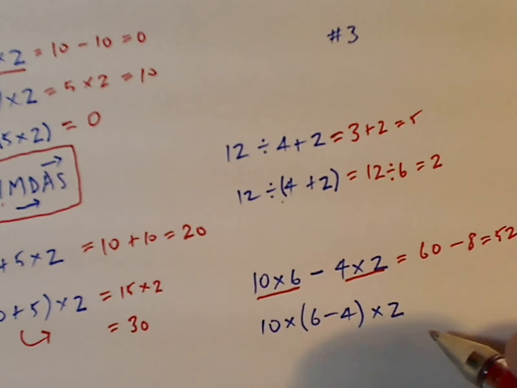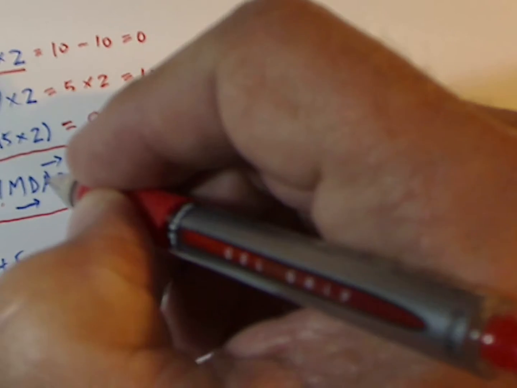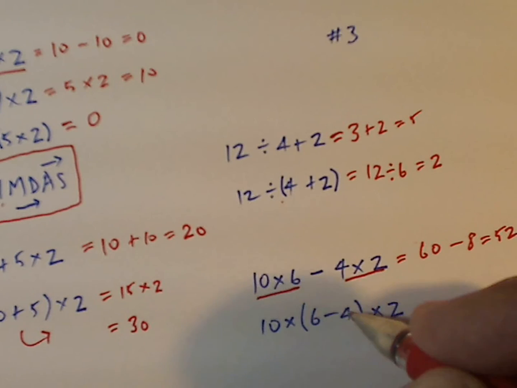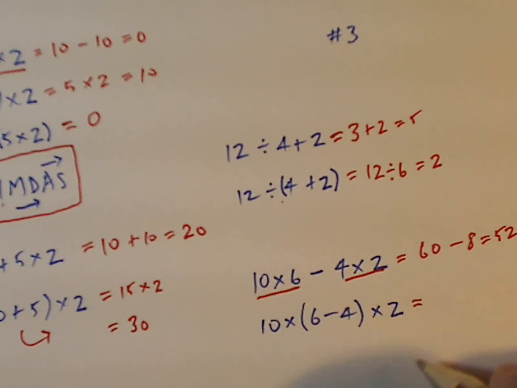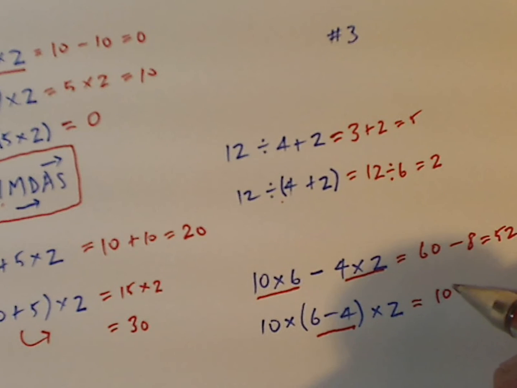Next one though, we've overruled the fact that multiplication comes before subtraction by using the brackets. So what we'd have to do now is do the brackets first. So we'd have 10 times 6 minus 4 is 2, times 2.